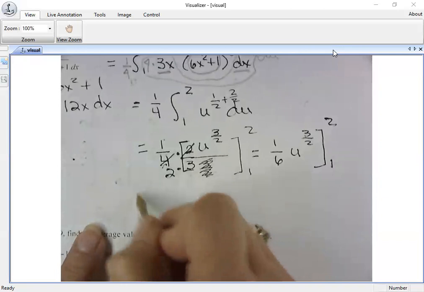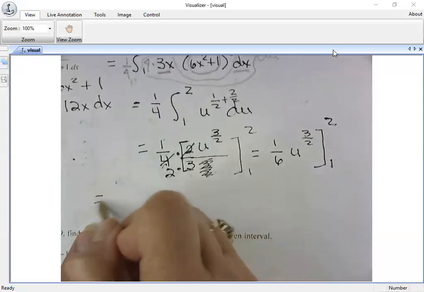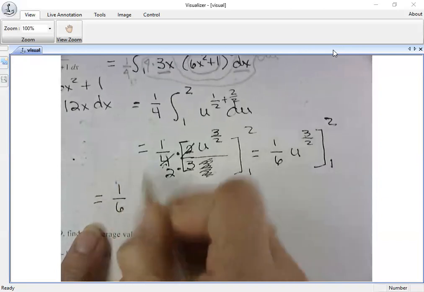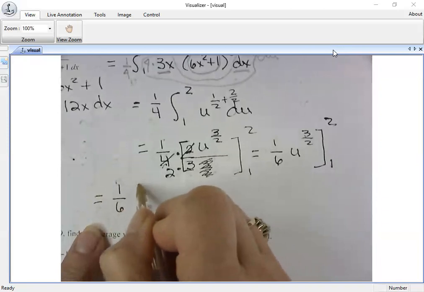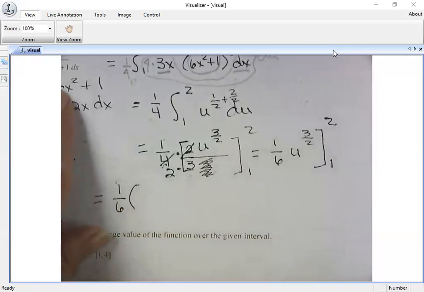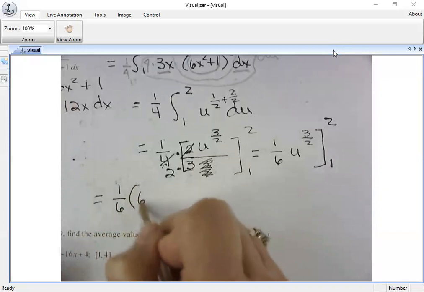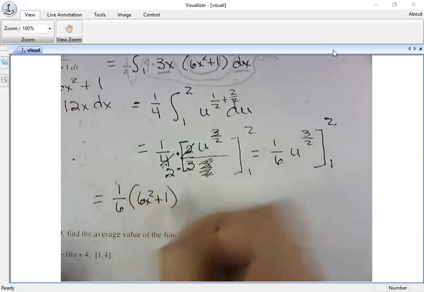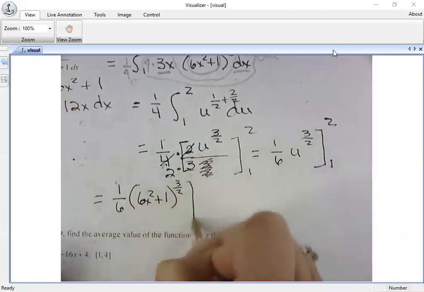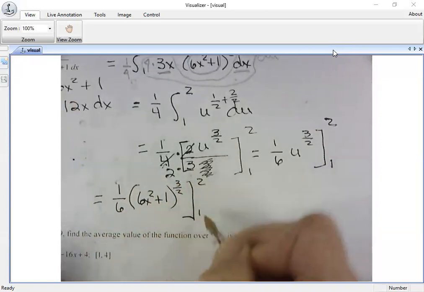Okay. Now what? Yes, plug in the value of u, which is 6x squared plus 1 raised to the 3/2 power, and now we can plug in going from 1 to 2.